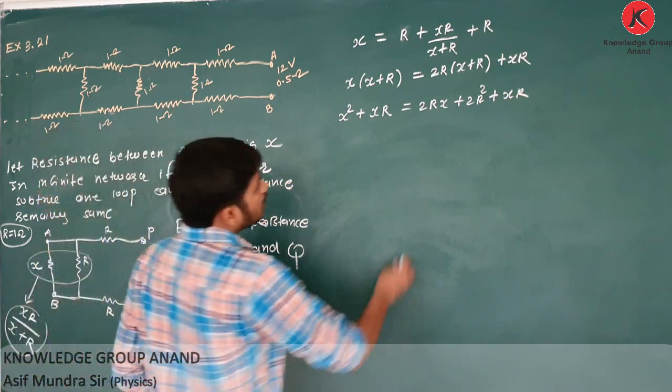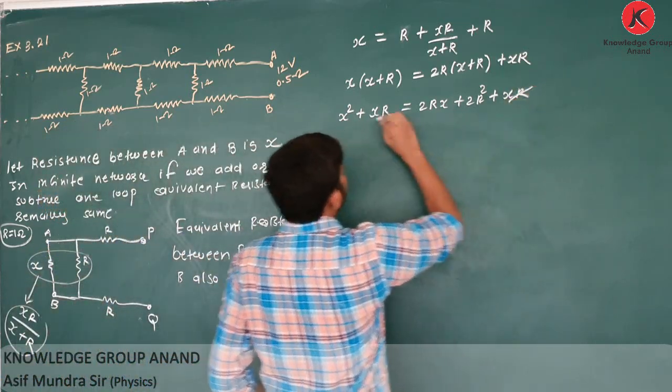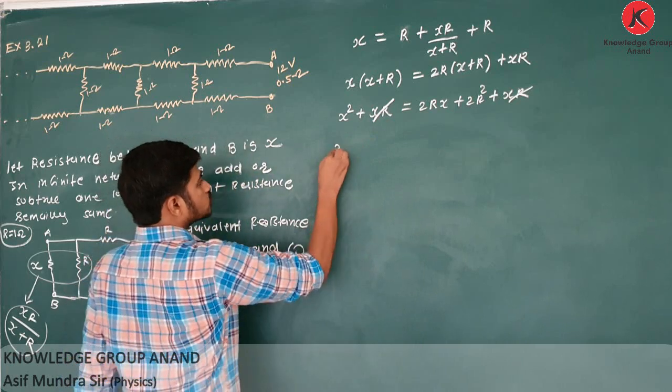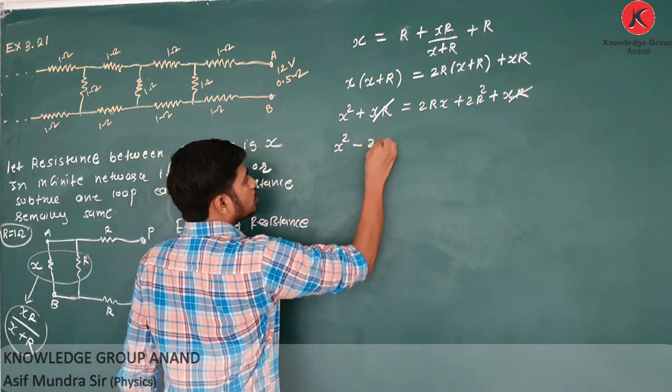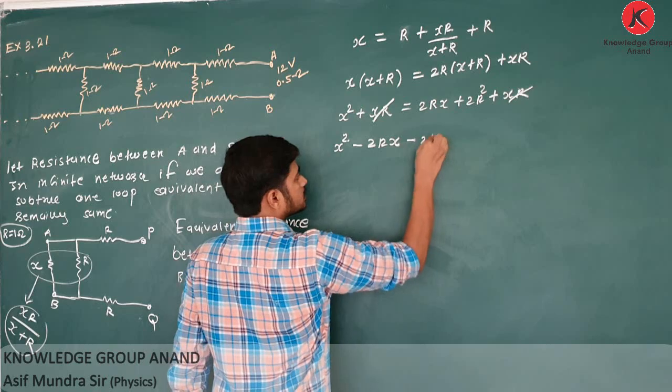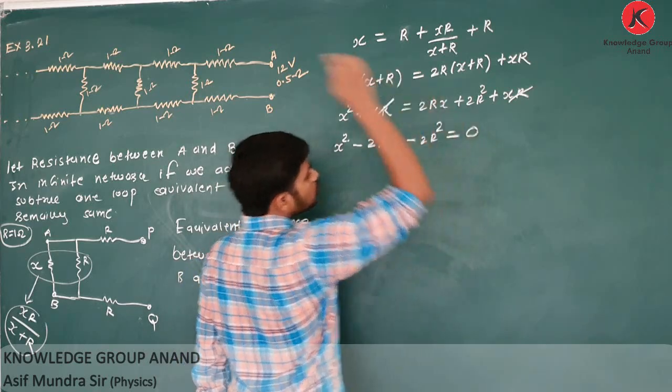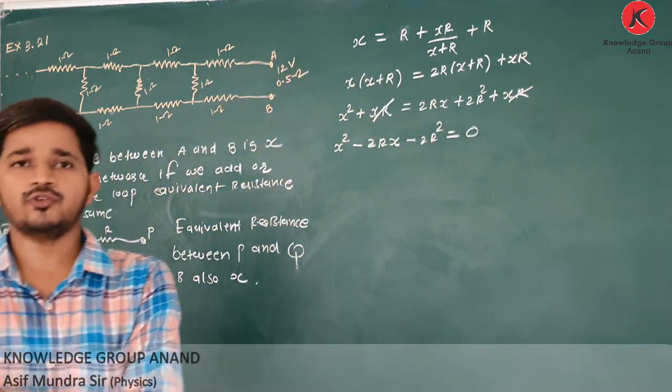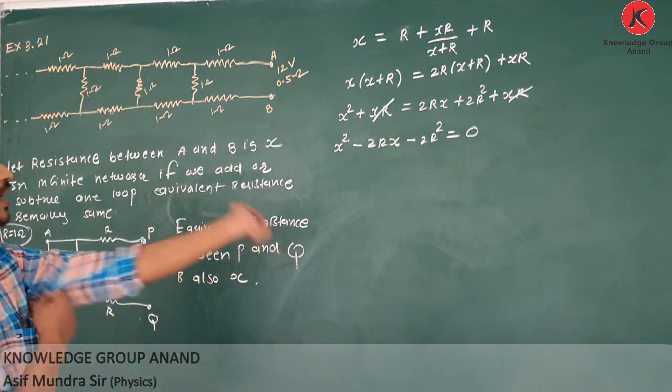Any doubt? Okay, so this XR cancels. So X square minus 2RX minus 2R square is equal to 0.